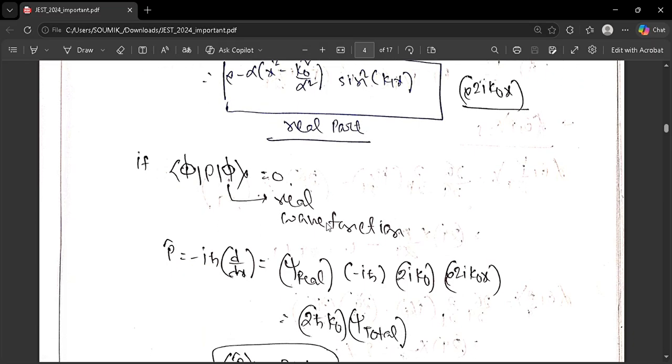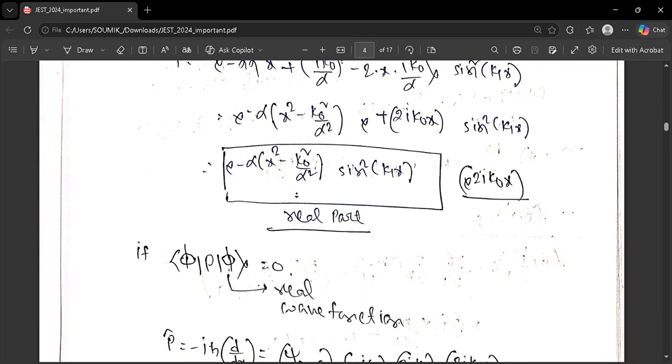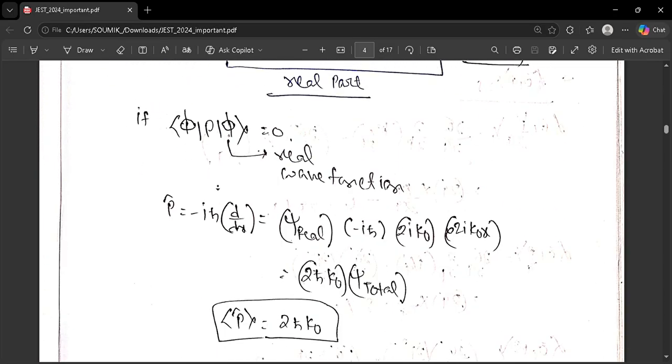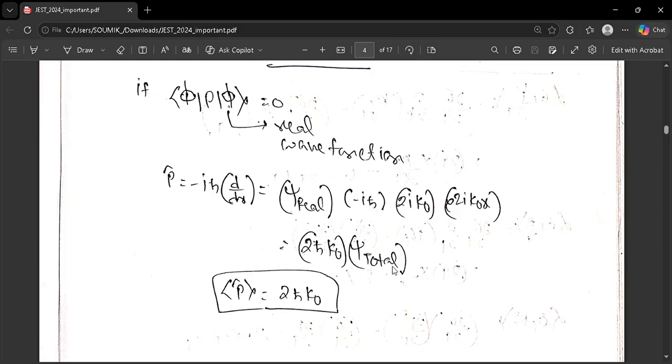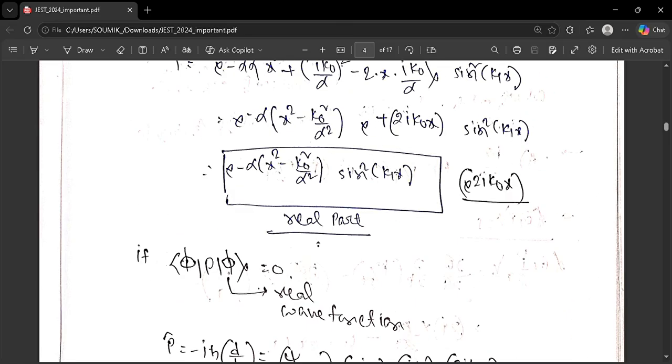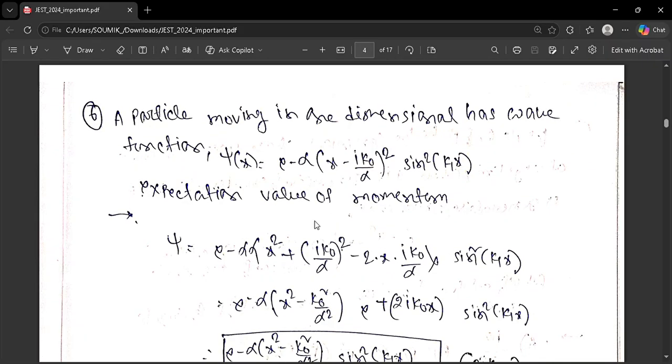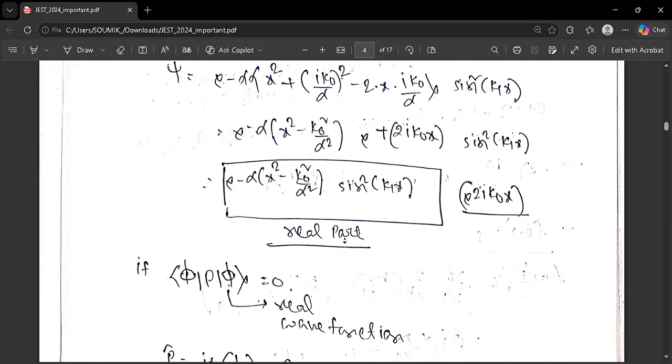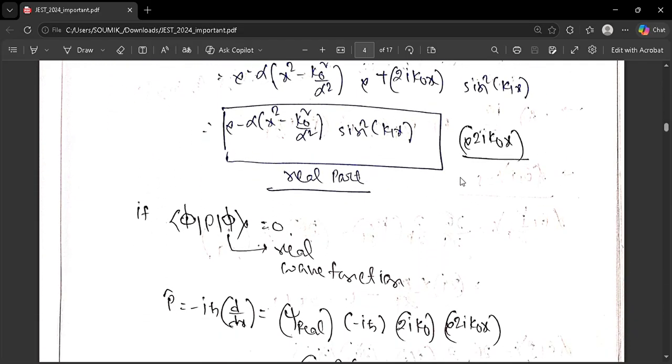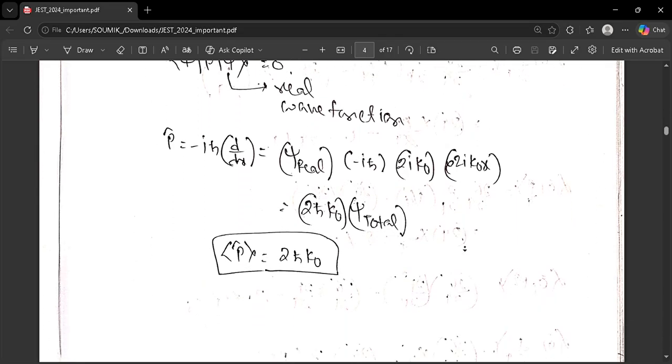From this, we just operate p on this psi, and in this way you get the expectation value of 2 h-bar k0. So to solve this type of problem, we have to be careful that the expectation value of momentum of any real wave function is 0, and we have to take only the imaginary part of this wave function carefully and solve this problem accordingly.